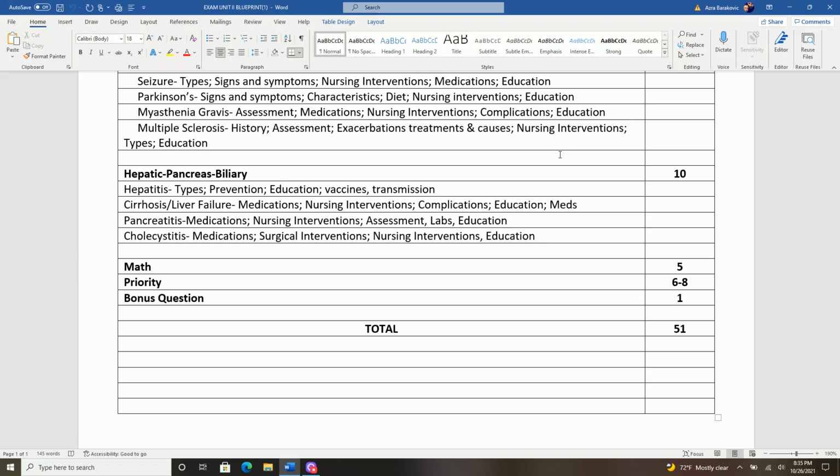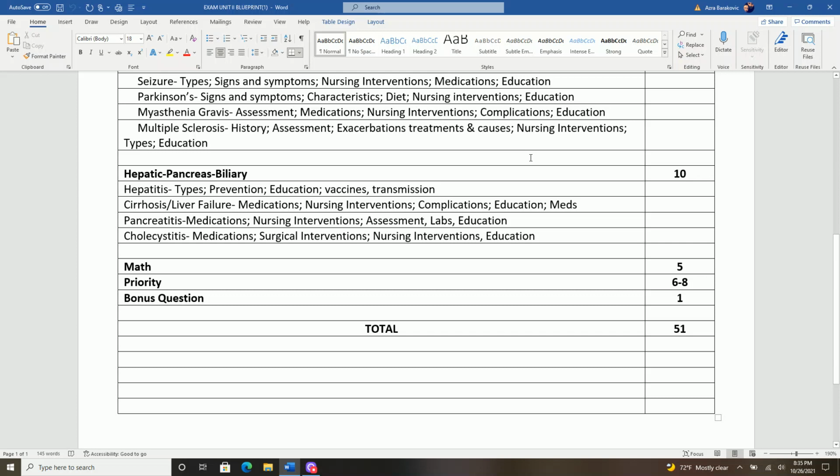Nursing interventions, again, we're going to make sure that their pain is being managed, and also additionally, you want to educate the patient on what foods to avoid.